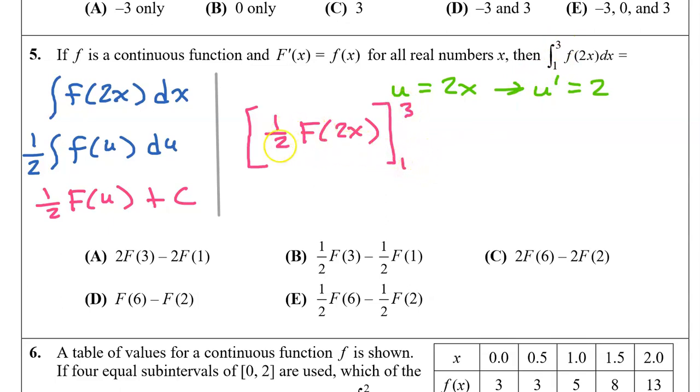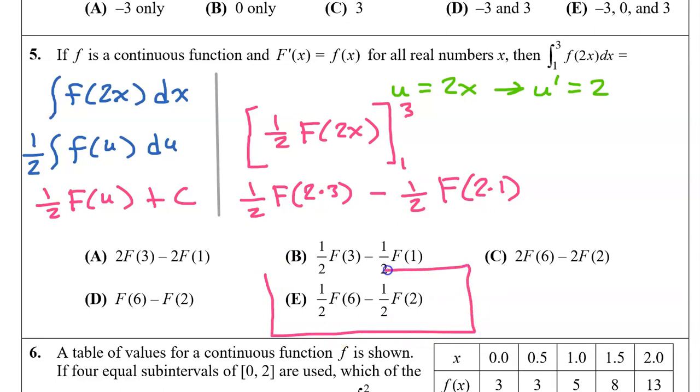So we will find the value at 3 minus the value at 1. So this will give us 1/2 capital F of 2 times 3, so that's the value at 3, minus 1/2 capital F of 2 times 1, the value at 1. But obviously, this is 1/2 f at 6 minus 1/2 f at 2, so we can see that the answer again is E.